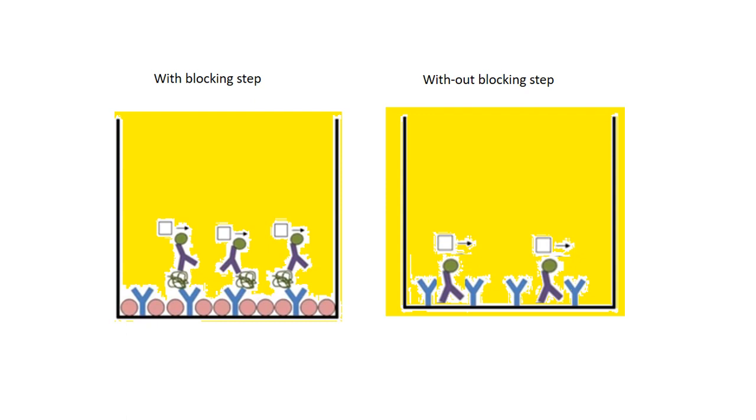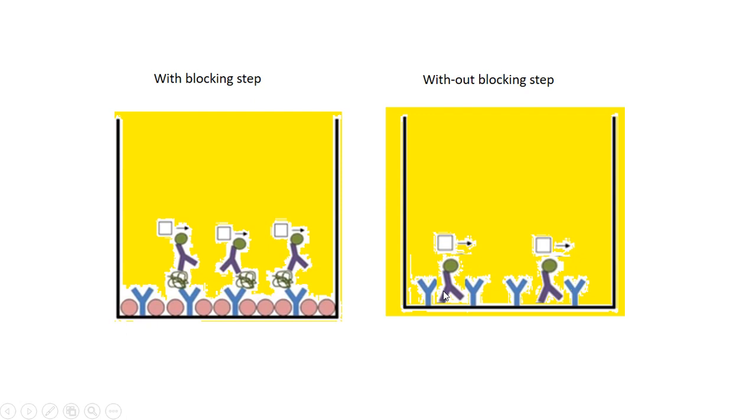Now, we talked about the blocking step, so why is it important? Because if you don't block the binding spaces on the plastic plate, as seen here, then what can happen is some of the antibodies and proteins that you add will actually stick to the plate and you'll get a false positive.